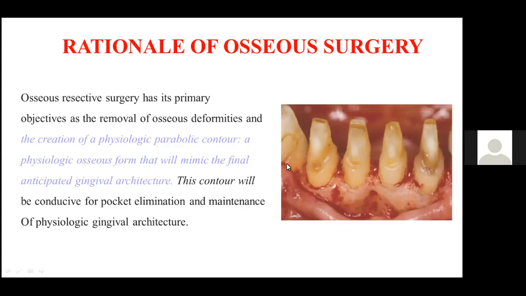Ma'am, in compromised osseous reshaping, if we do more contouring, then we are going to damage that, or in definitive reshaping. Your voice is breaking. I think it's the connection.